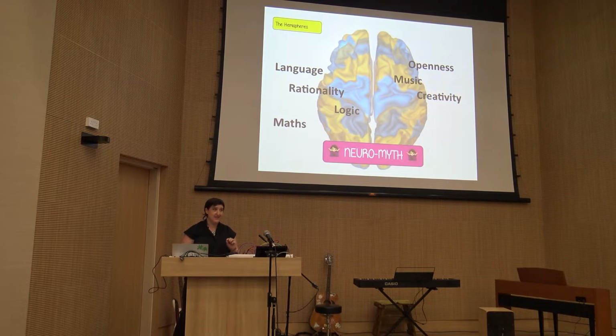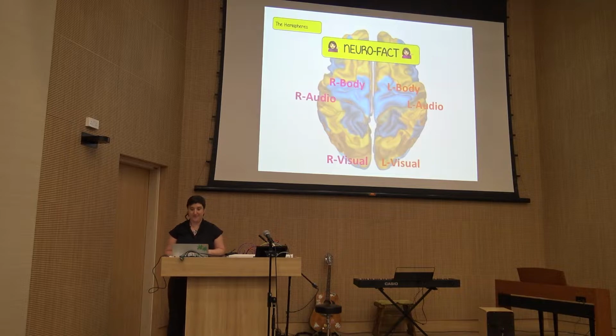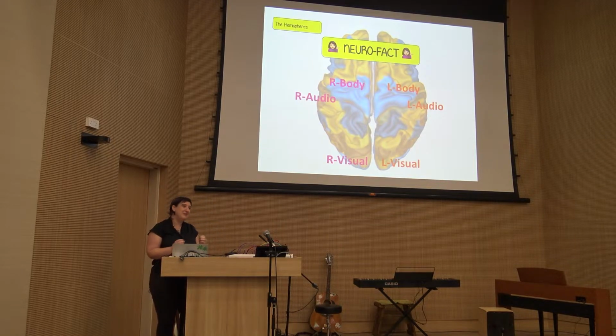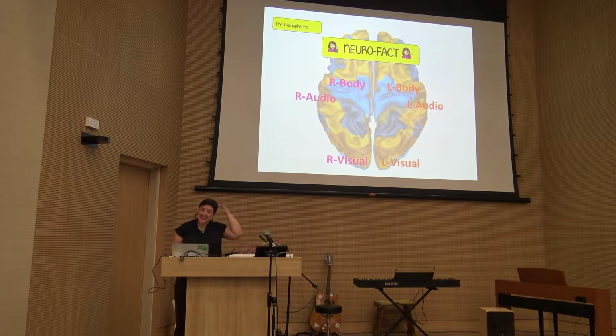There are some things that the hemispheres differ on though. And the first one is a very boring biological reality. The left hemisphere of the brain handles the right hemifield of space.